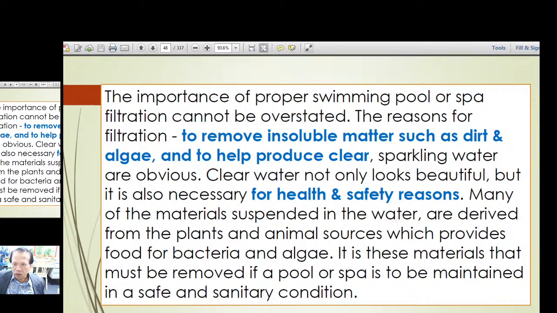Clear water not only looks beautiful, but it is also necessary for health and safety reasons. Many of the materials suspended in water are derived from plant and animal sources, which provide food for bacteria and algae. It is these materials that must be removed if a pool or spa is to be maintained in a safe and sanitary condition.